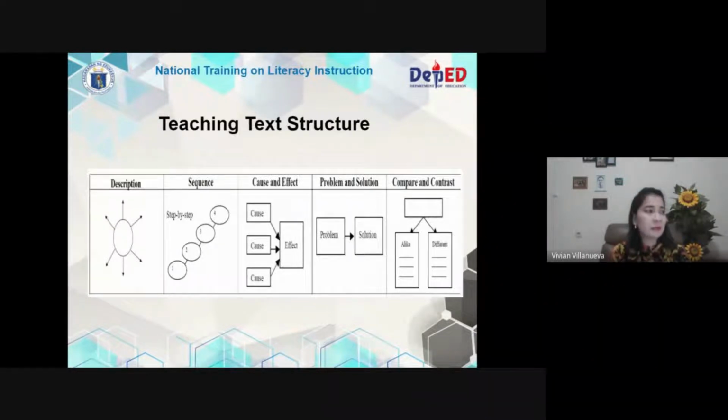Because I told them that when you know these strategies, you'll be able to use them even in other subjects such as math, if you're reading problem solving, such as Bible, or social studies, history, science. If you know how to note details, note significant details, then you'll be able to understand the text. Even when you go to junior high, to senior high, to college, or even when you become a professional, you'll be able to use this.